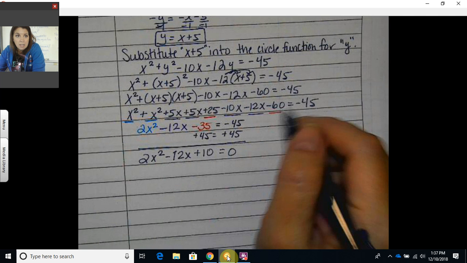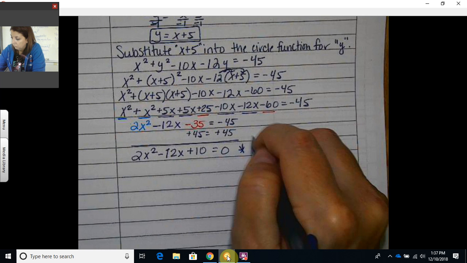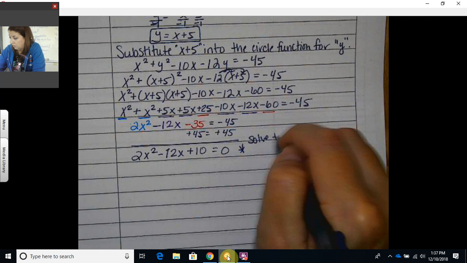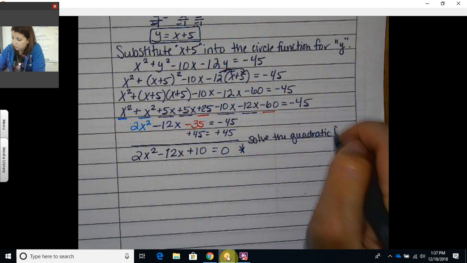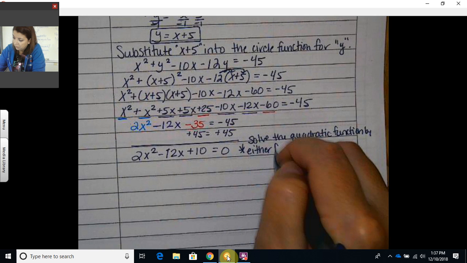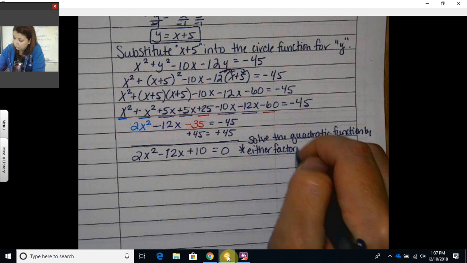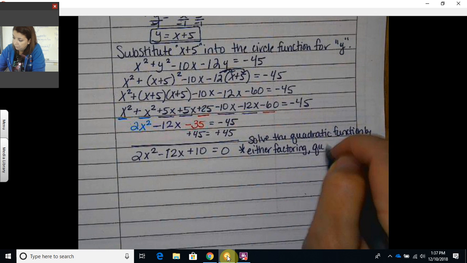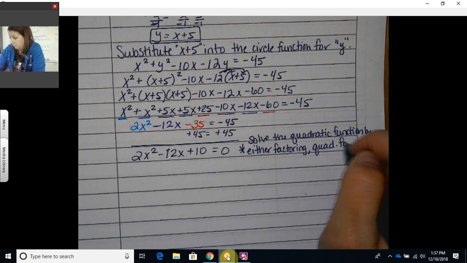So let's make a little note. Solve the quadratic function by either factoring, quadratic formula, I'm going to abbreviate, or completing the square.